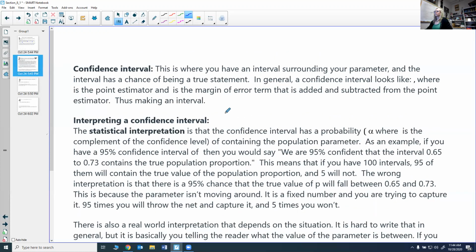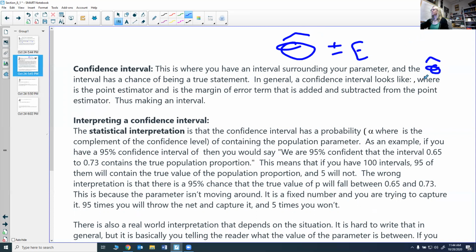A confidence interval is where you have some interval surrounding your parameter, and that interval has a chance of being a true statement. In general, a confidence interval looks like this: you've got some statistic that you're going to use, and you add and subtract some error amount. That theta hat is the point estimator.